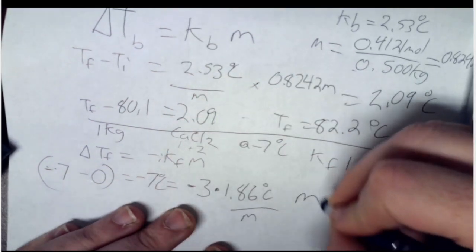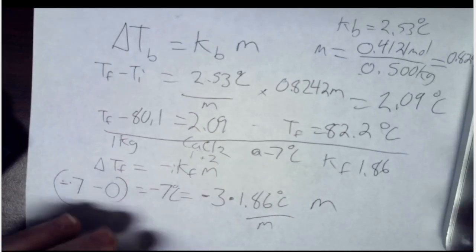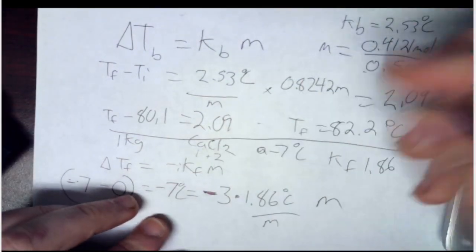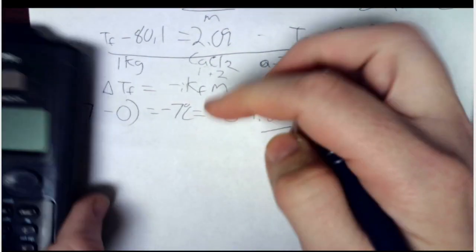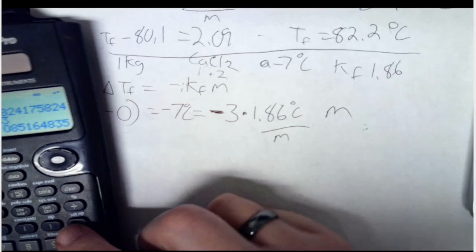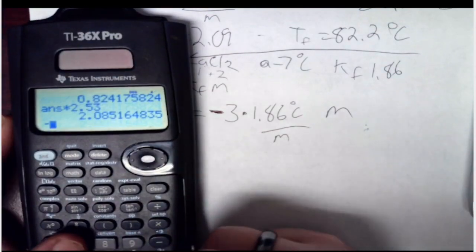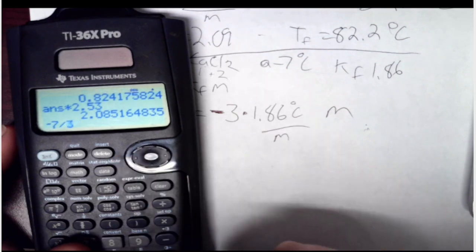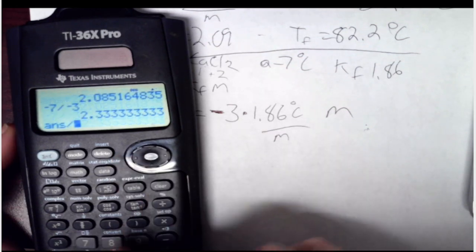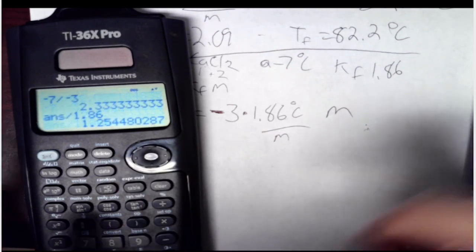And so, m. So with that in mind, what is our m? We're going to take our negative 7, and we're going to divide by our negative 3, and divided by our 1.86.